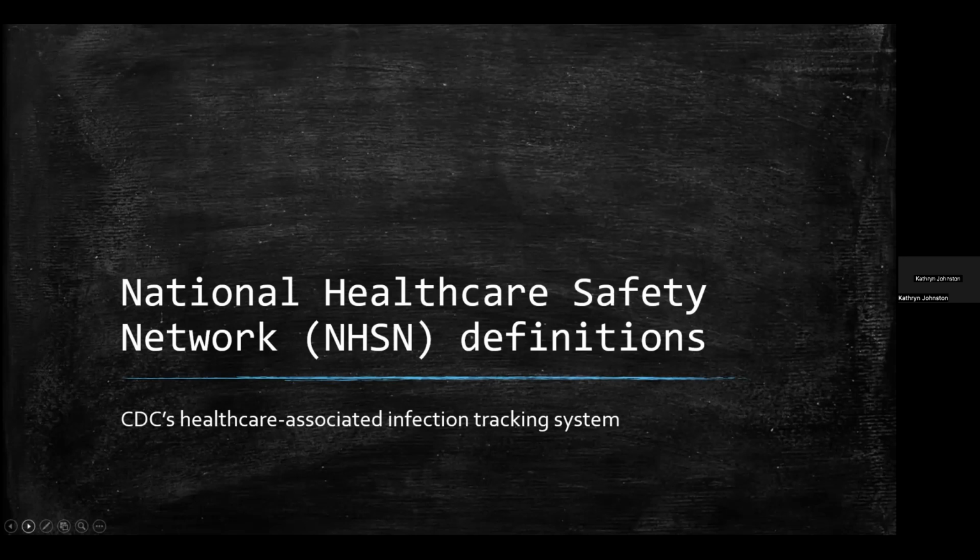So I'm going to present case definitions for the 3 most common device associated infections, as well as surgical site infections. And what I really want you to know is that these are brief descriptions of these infections only. The manual that guides this surveillance tracking system is 445 pages long.